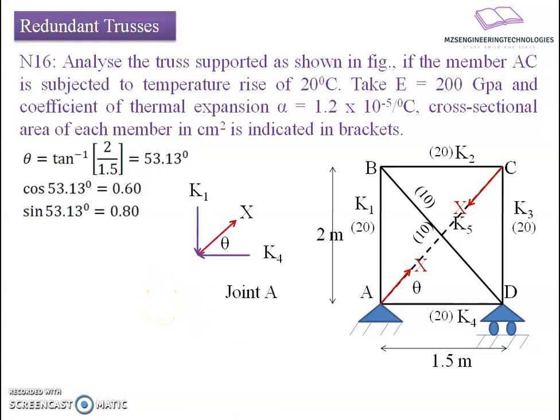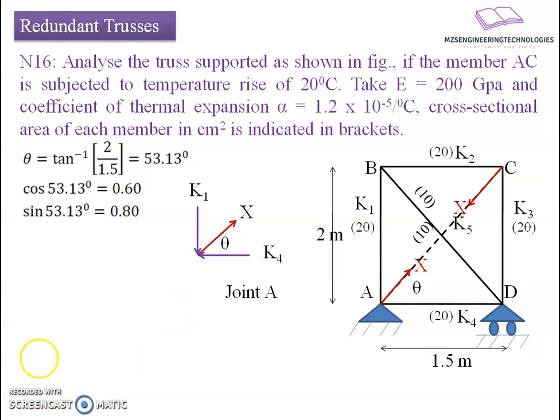After that, we go with the joint by joint analysis. Since there are no external forces, no reactive forces are developed at the end restraints. So we take the equilibrium of the forces meeting at joint A. There are 3 forces: the redundant force X and the 2 member forces K4, K1. The direction cosines are considered in such a way that the vectors balance each other.